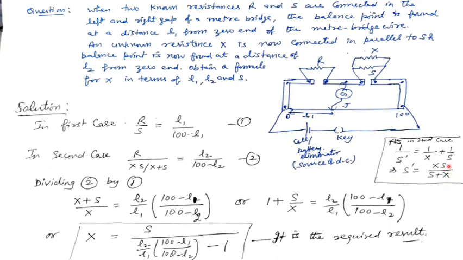It is coming out to be XS divided by S plus X. Now I put this S dash in place of S, and these two equations are there. If you divide both these equations, you get the relation for X in terms of S, L1 and L2. This is simple mathematics. You are supposed to work it out yourself to get the result.